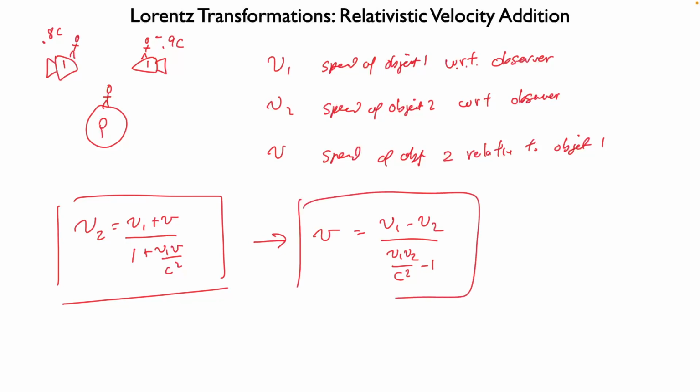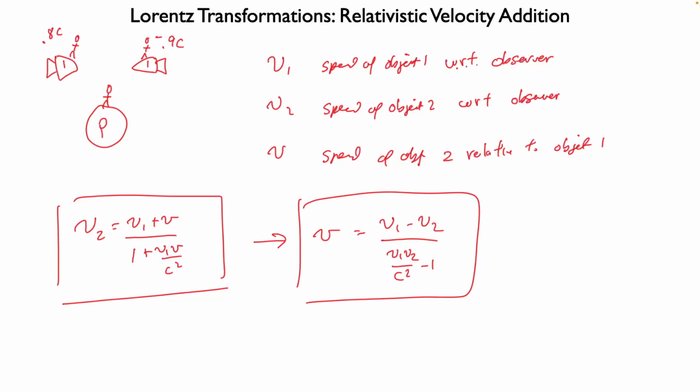So you're welcome. Did a bunch of algebra there for you. It's not hard, but it's a bit of a waste of time. Okay? If you have those two boxes and you have the definitions at the top, you should be able to safely navigate any relativistic velocity addition problem.